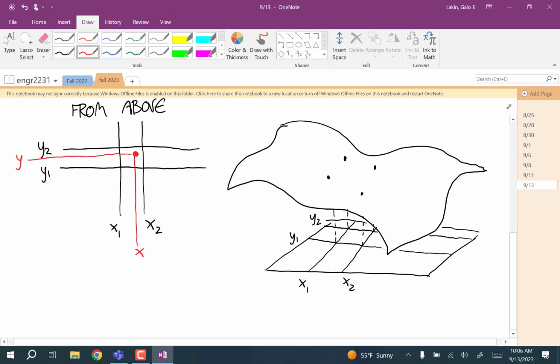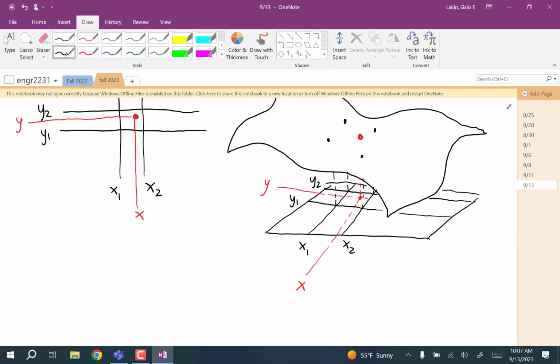Well, let me put it in the same spot as before, so it would be like over here. So that's the x. That's the y. And it would be like that. Any questions about what's going on here?